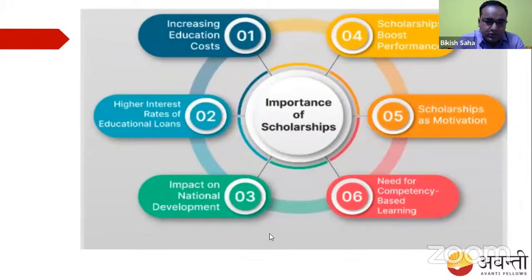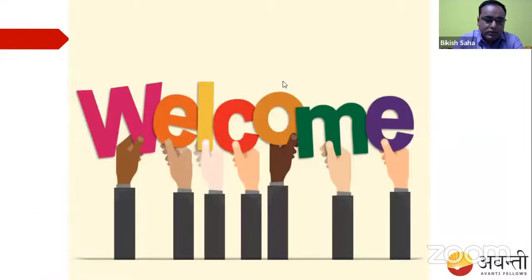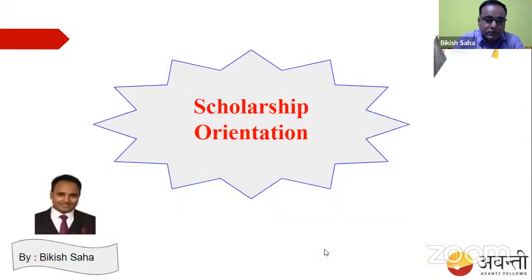Okay, thank you. First of all, I'd like to thank Rahul sir and Rupesh sir for giving me this opportunity. Students, good afternoon, and good afternoon to everyone. If any teachers are joining, afternoon to you all too.